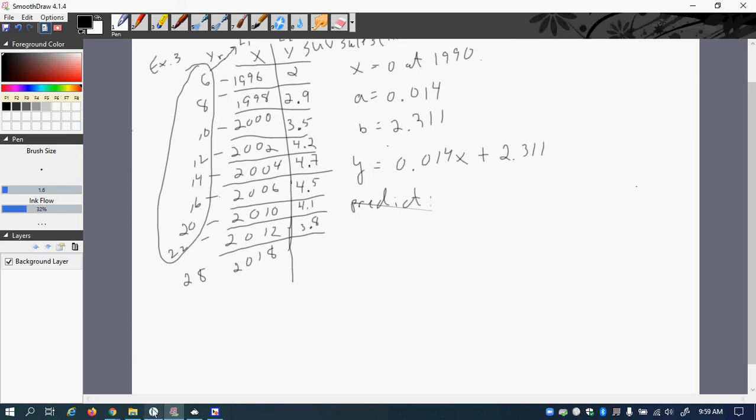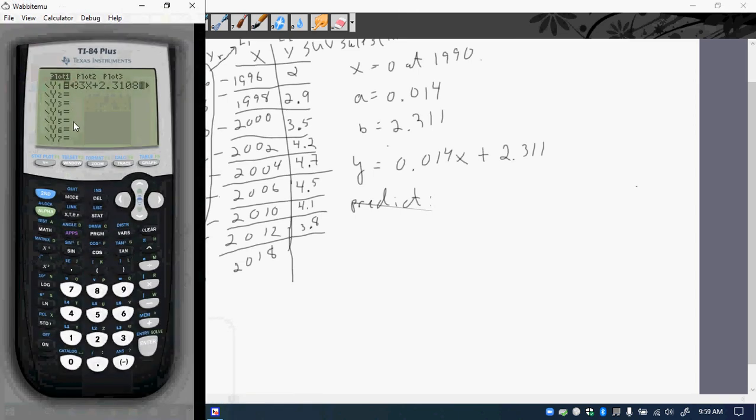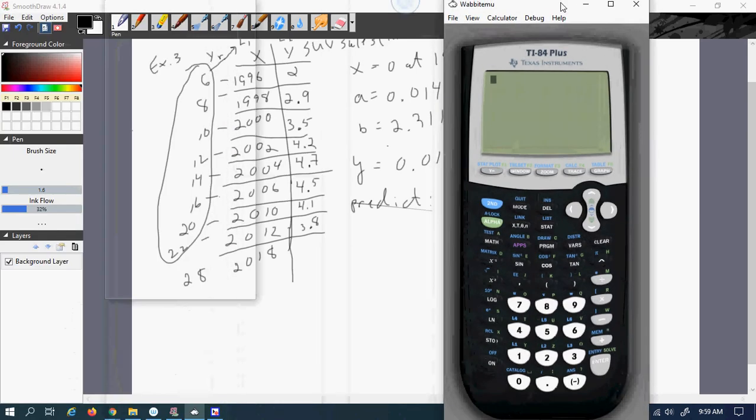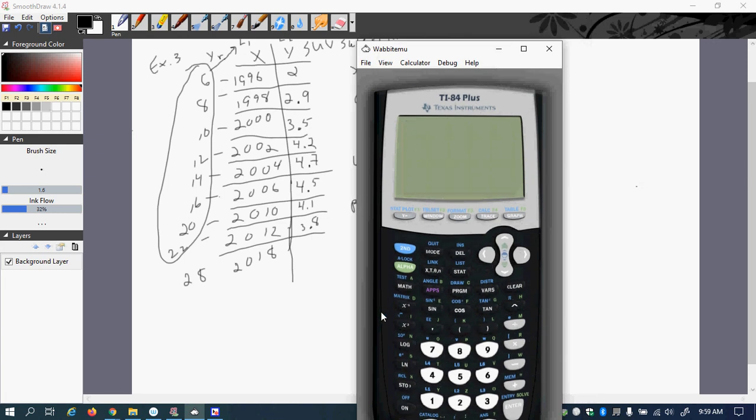To do this on the calculator, we go to second quit, we have a clear screen, right, and then we're going to put in the 28 there. So we go to what? We go to vars, we go to y-vars, we go to function, and then we go to y1.